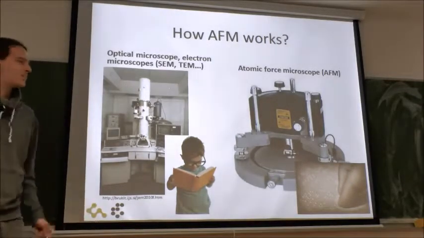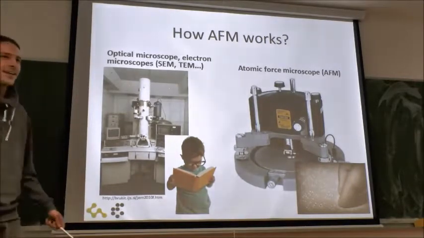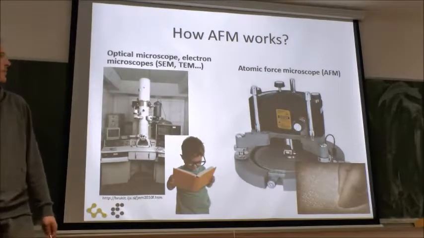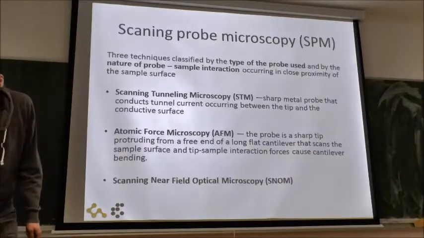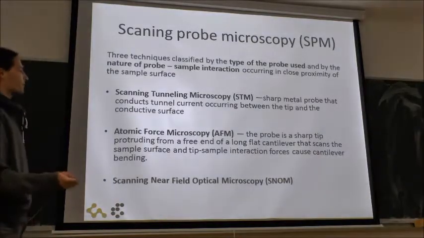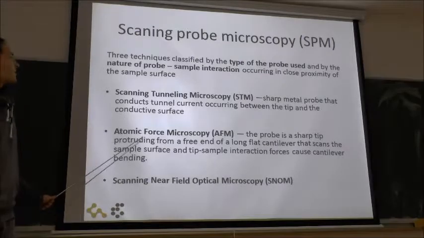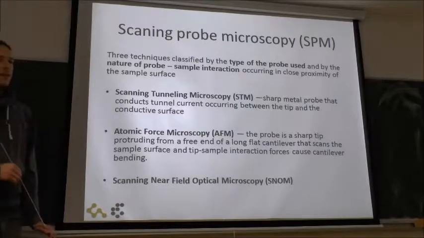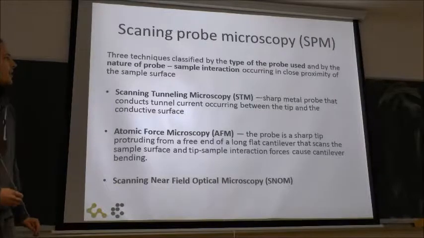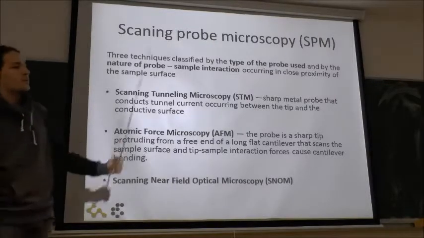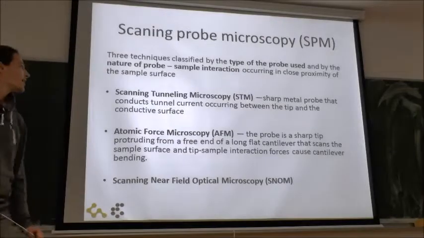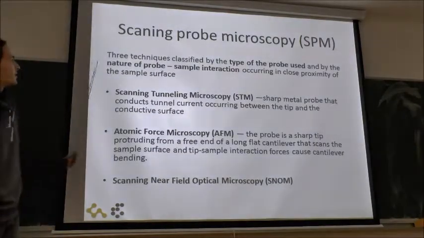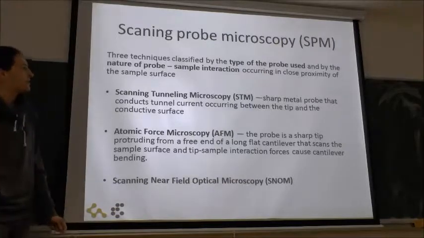This is the easiest way to explain to someone how atomic force microscopy works. But of course, atomic force microscopy is just part of scanning probe microscopy, which is the technique that uses a probe to scan the sample, and the image is obtained by the nature of the probe and sample interaction.